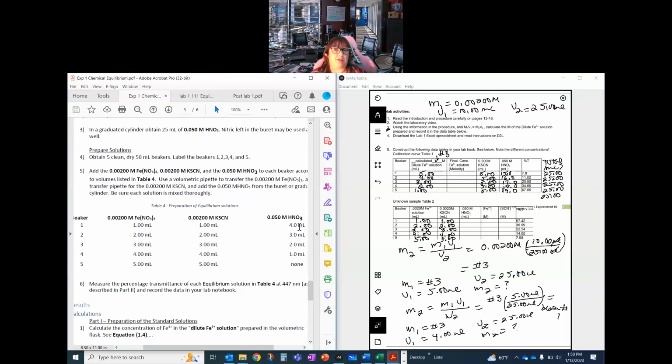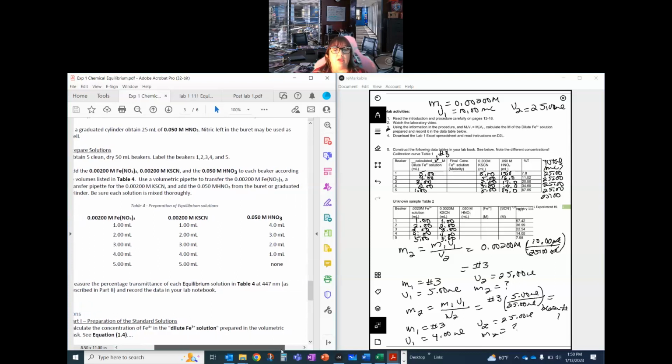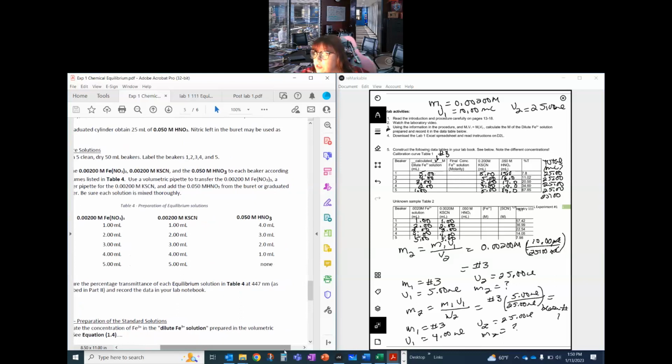Now the HNO3 is different every time, okay? So I need to make sure that I have looked at that and I'm putting in those values. In the first beaker, the HNO3 is 4 mils. The next one, we use 3 mils, then 2 mils, then 1 mil, and then finally 0 in that last one, okay?